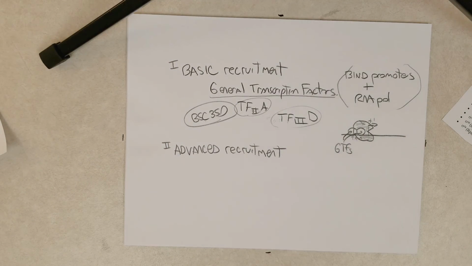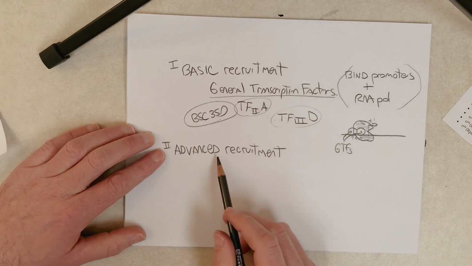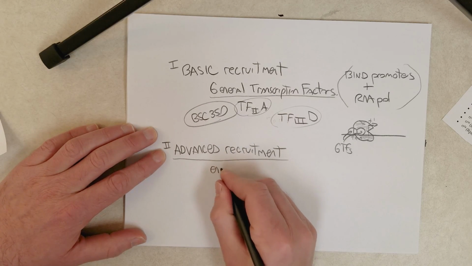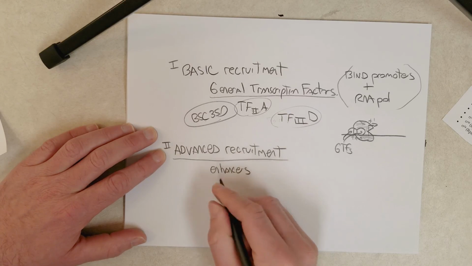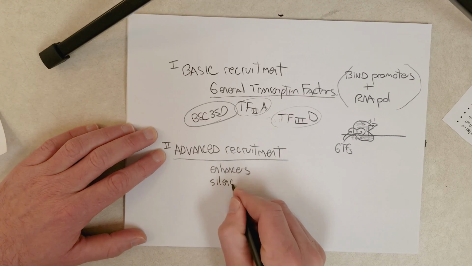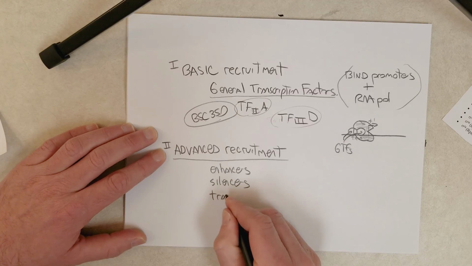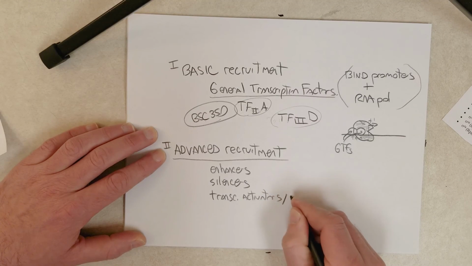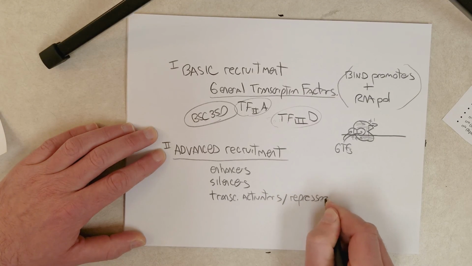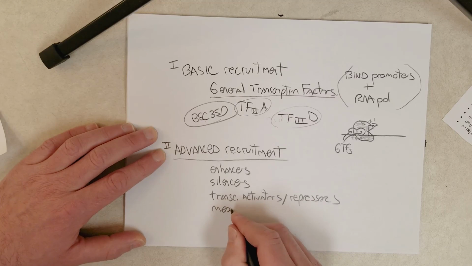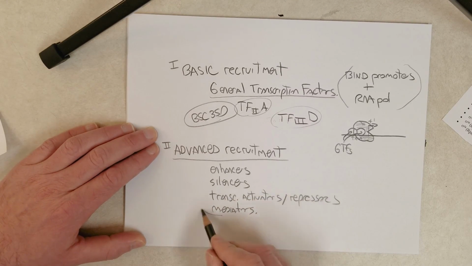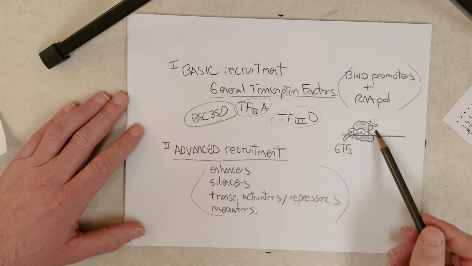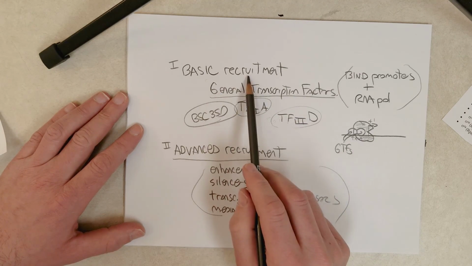Okay. So advanced recruitment, what is that? If you hear terms like enhancers, silencers, transcriptional activators, transcriptional repressors, and mediators, these things are all involved with influencing the level of transcription. General transcription factors, basic recruitment, this is necessary.